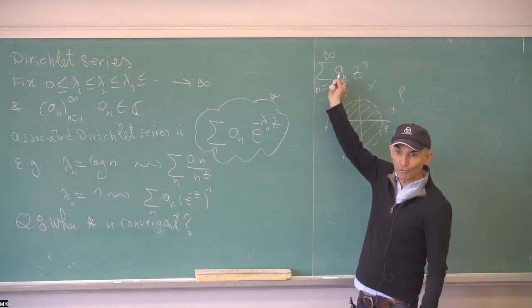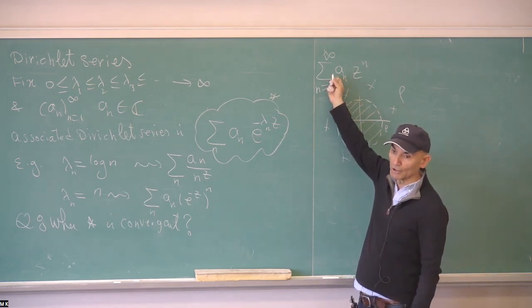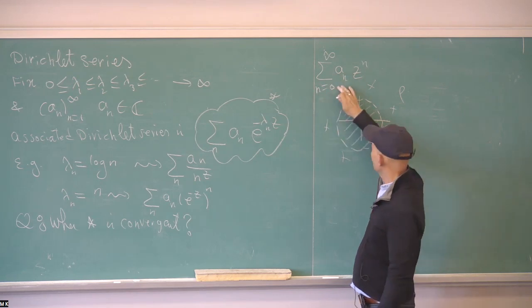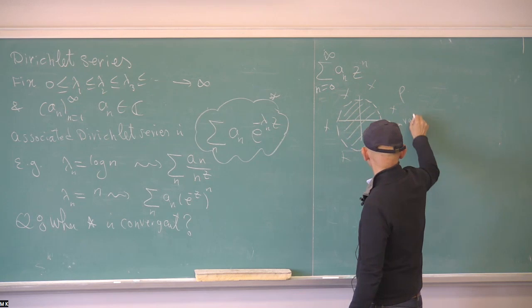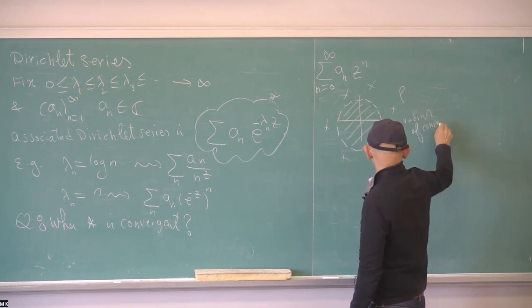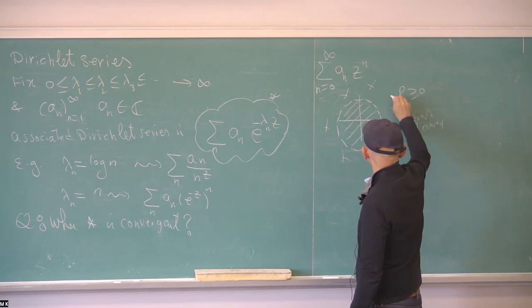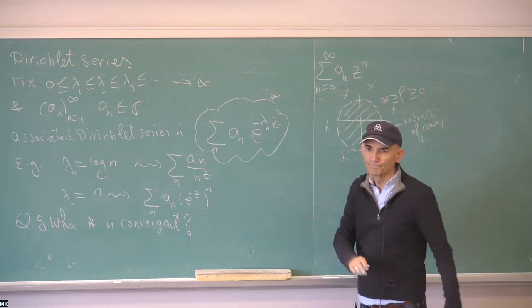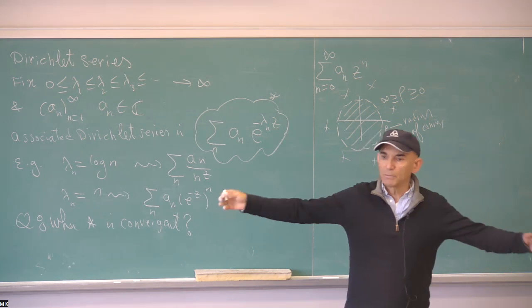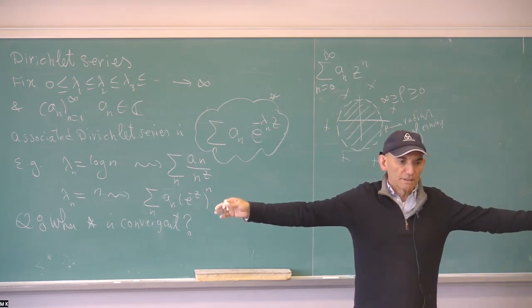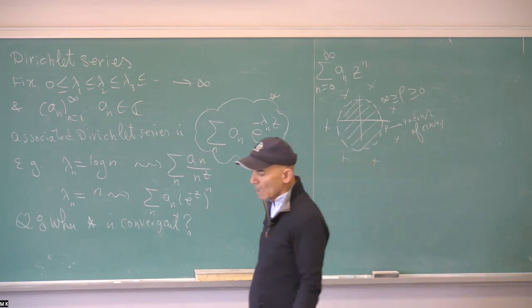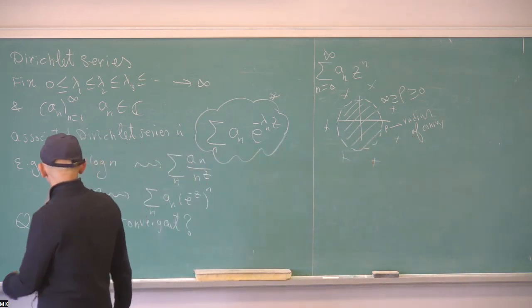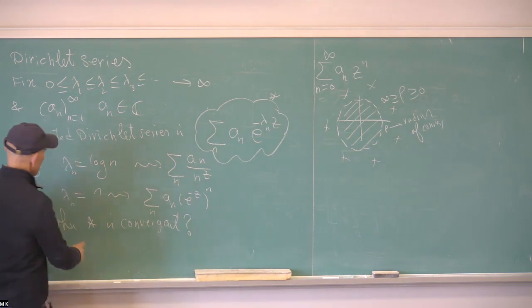There's a formula for rho in terms of the a_n. Now, rho is bigger than or equal to 0, less than or equal to infinity. When we say rho is infinity, it means it's convergent everywhere, the disk is infinite, so in that case it's an entire function. So we want to find something like this for this series.